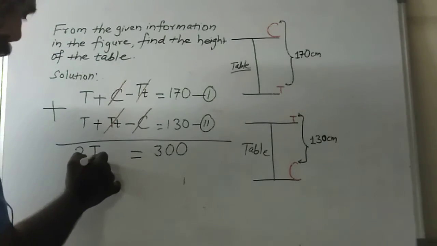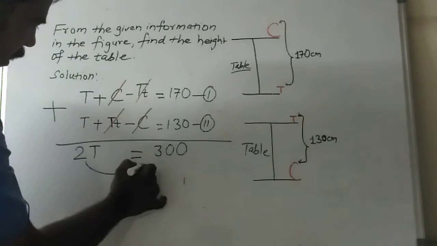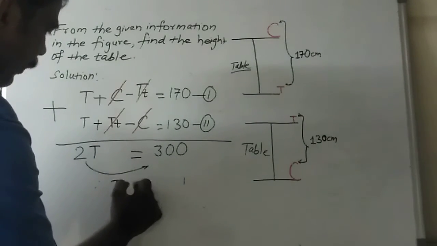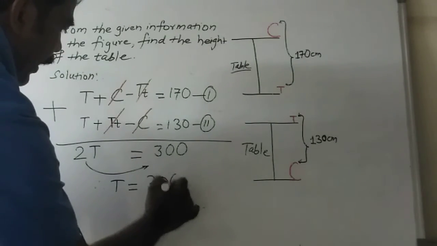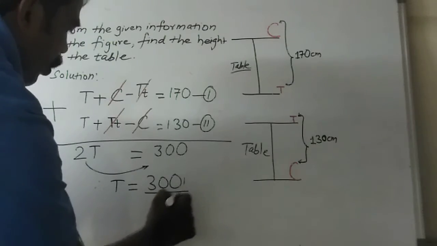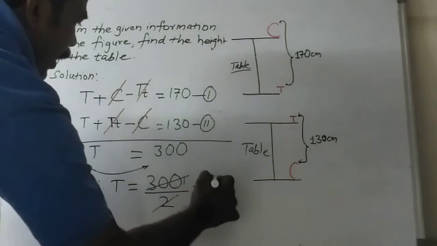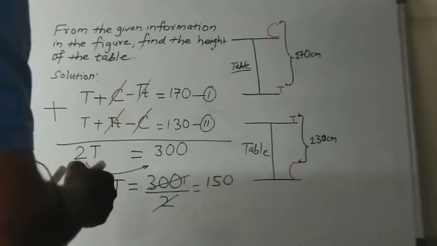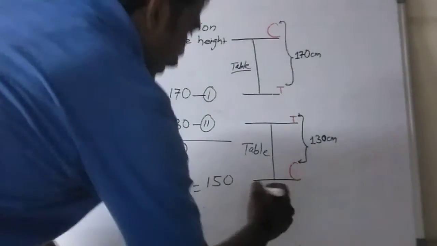So we have to find out value of T, that is table. Therefore height of the table is equal to 300 divided by 2, that will give us 150. So we can write height of table is equal to 150 centimeter.